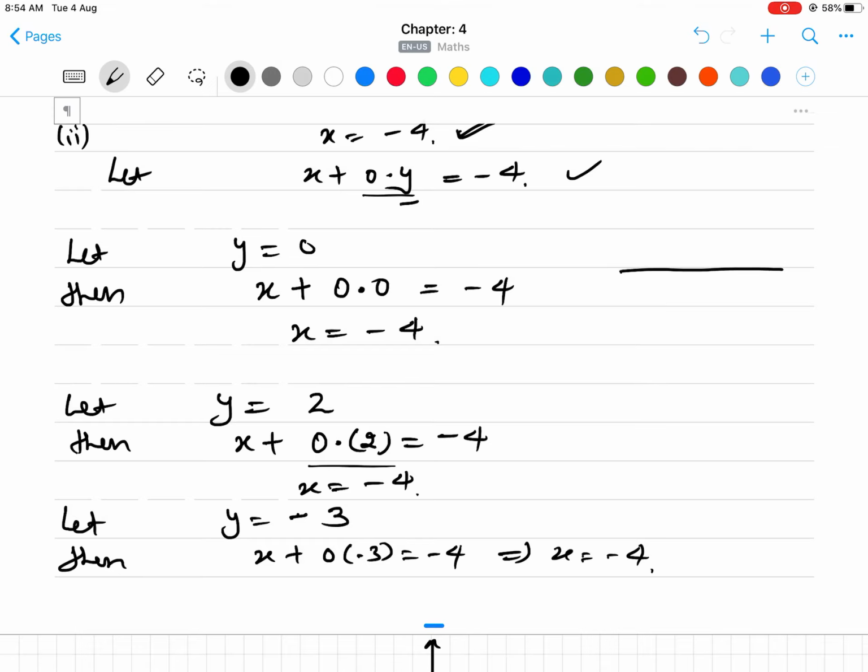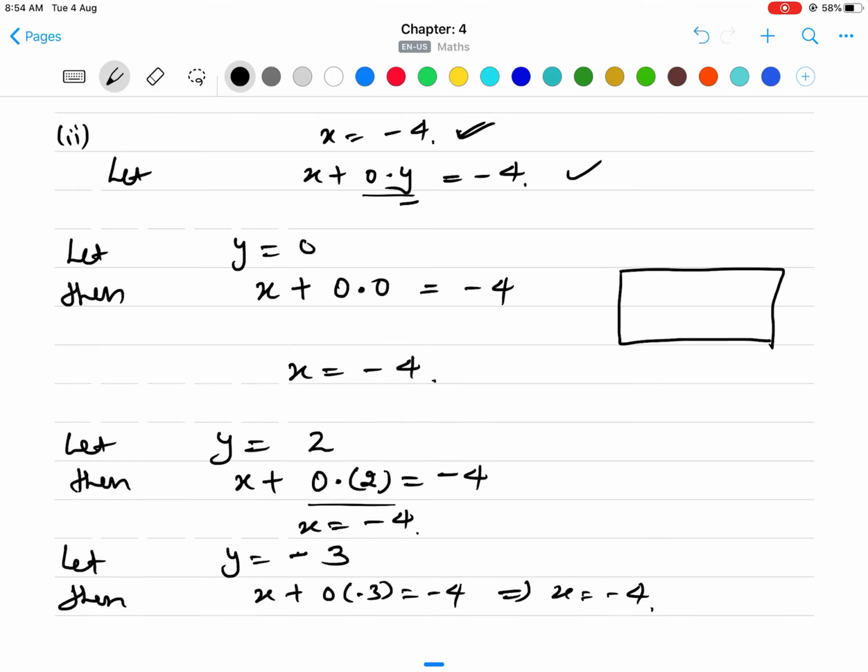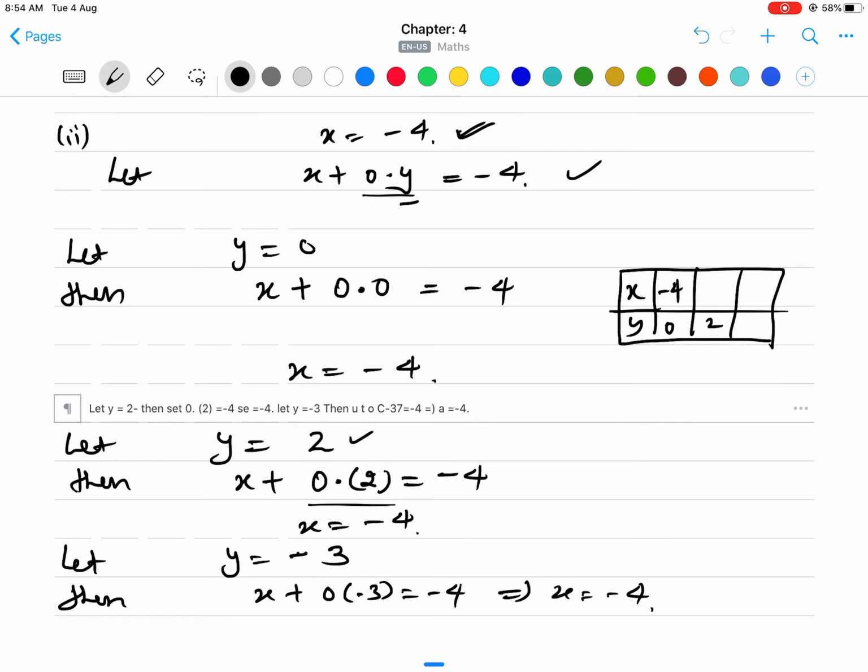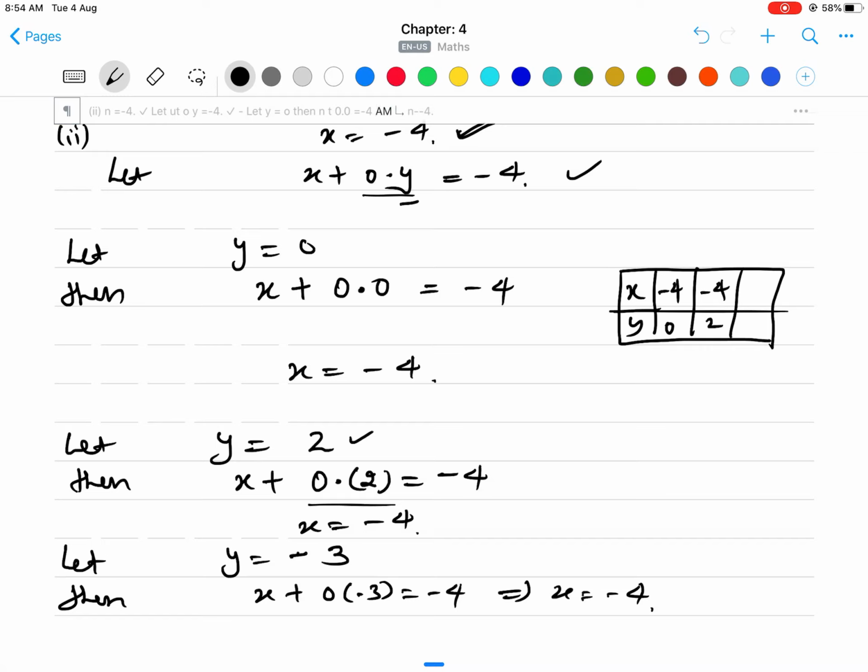So the solutions are, we'll write x and y here. On taking y as 0, x is minus 4. On taking y as 2, x is again minus 4. On taking y as minus 3, x is again minus 4. So we'll represent these points on the graph paper.